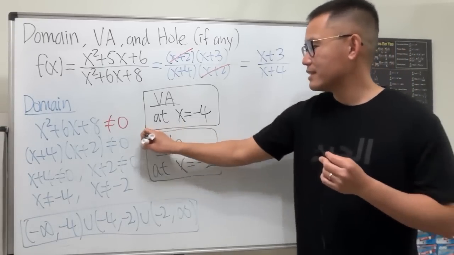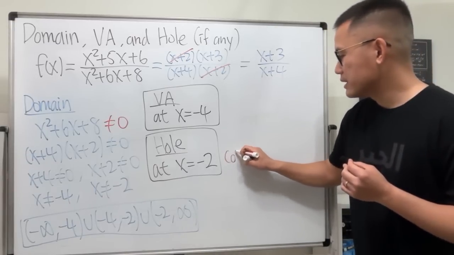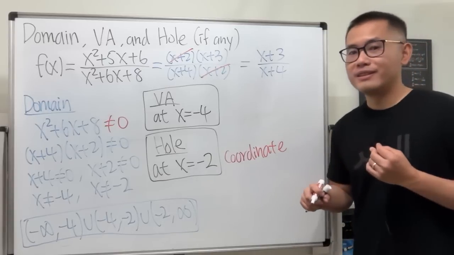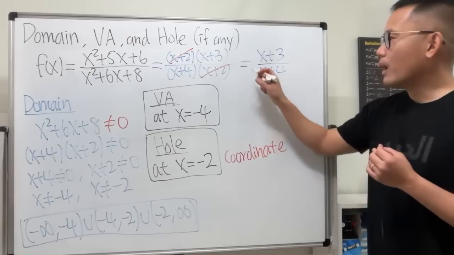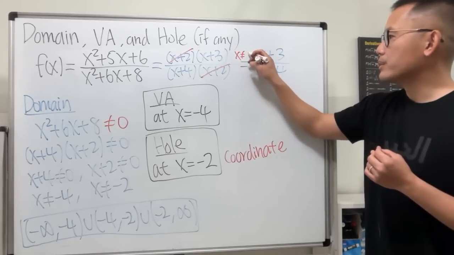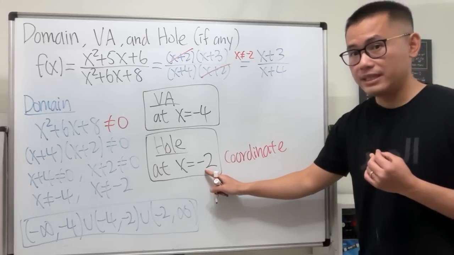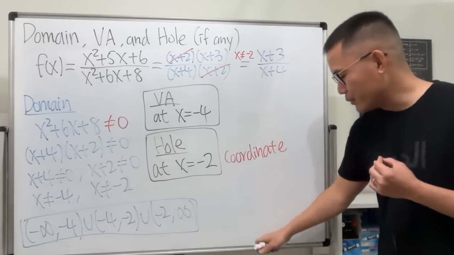Just like this. But now, what if I ask you for the coordinate of the hole? Well, remember, this and that, they are equal under the condition that x is not equal to -2, right? We have the x value is -2. Let's just secretly plug into this right here so we can find out the y value.